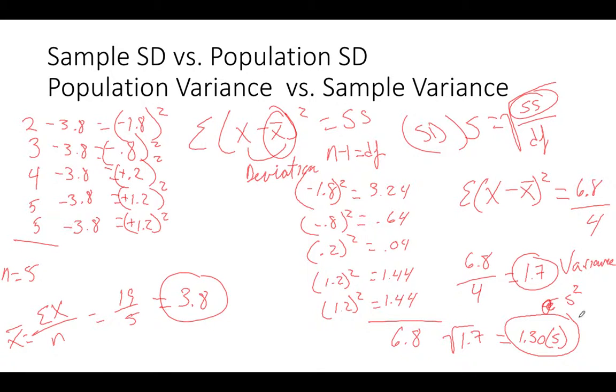Now, in this particular case, let's say that we have 1.30. So what does that mean? Essentially, we're saying that, on average, every single score in my data set is about 1.30 values away from the mean of 3.8. Now you'll notice and you'll say, well, 2 is not exactly 1.30 values away from the mean. It was 1.8 values below the mean. So why is standard deviation not 1.8?